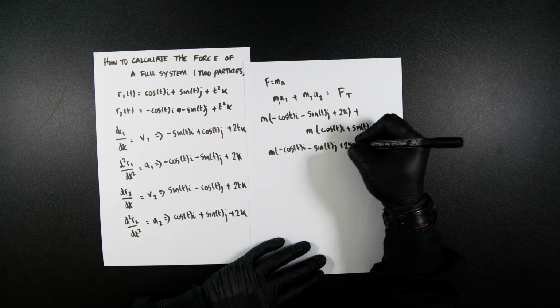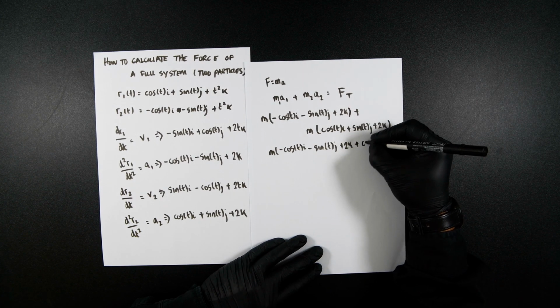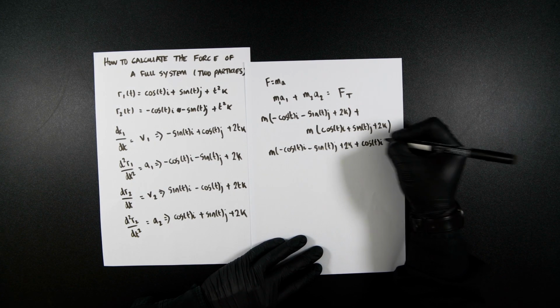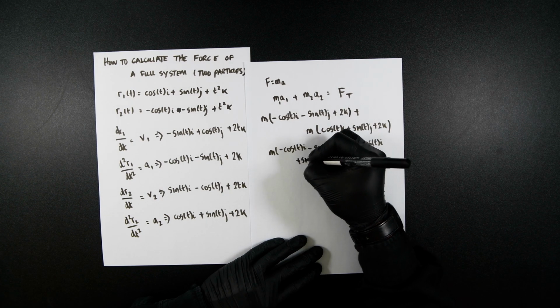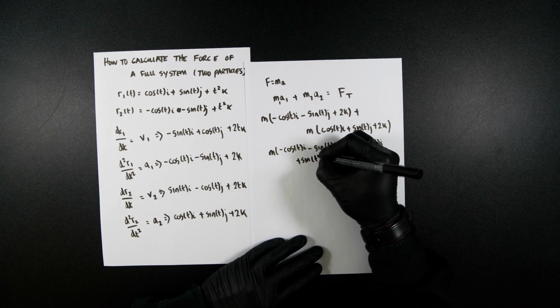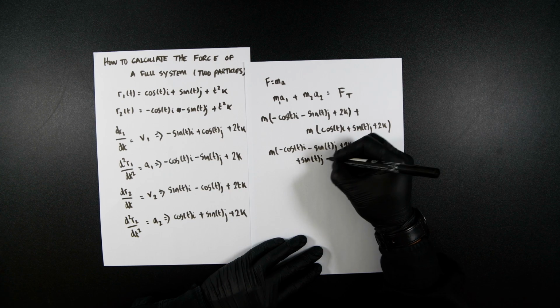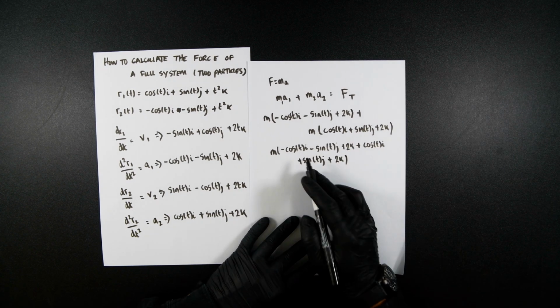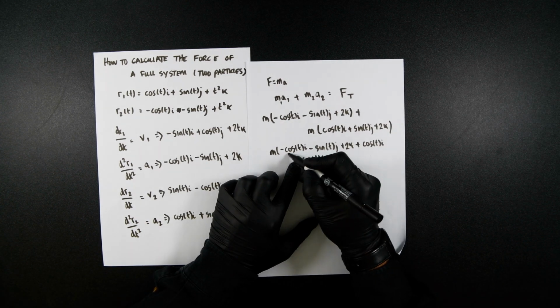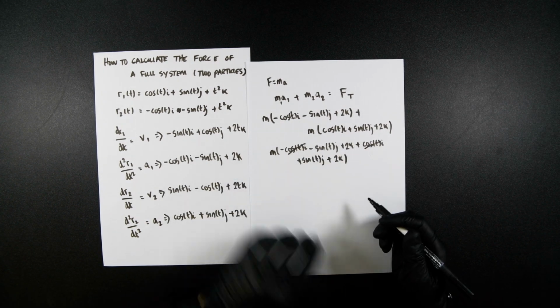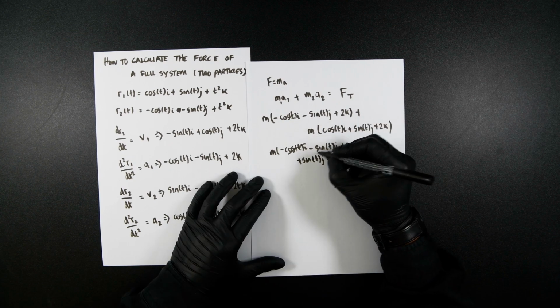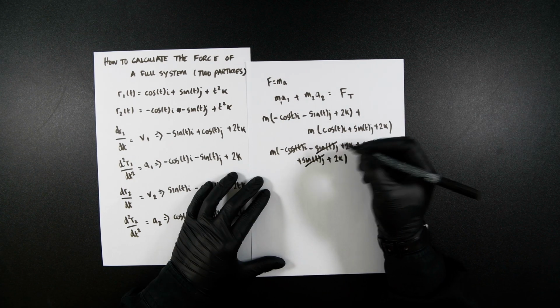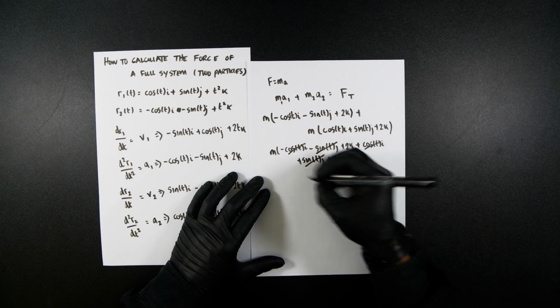plus cos t i plus sin t j plus 2k. And conveniently, minus cos t i plus cos t i cancels, and then we'll have minus sin t j plus sin t j, and then we're left with the 2k's.